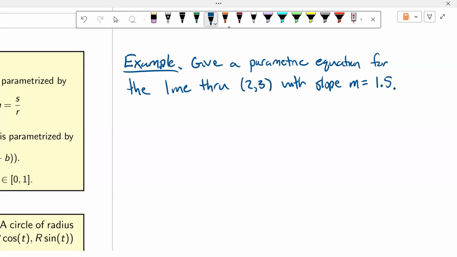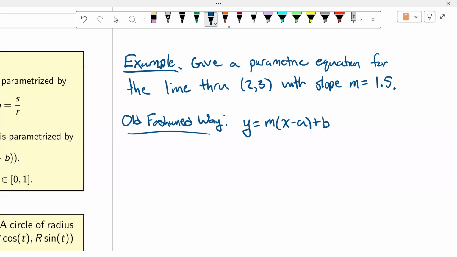Now, we know how to do this the old-fashioned way. The old-fashioned way is to use the point-slope formula. Right? So y is going to be equal to m times x minus a, plus b. Do you remember doing this?